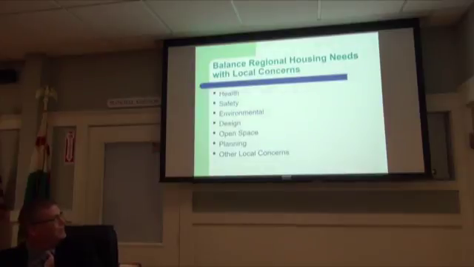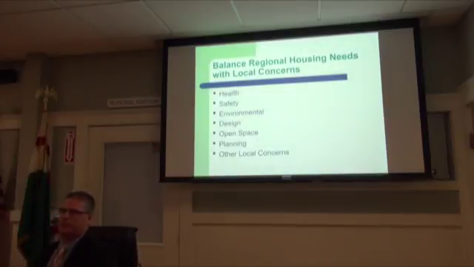Balancing regional housing needs with local concerns. So this gets down to the issue of the decision of the board at the end of the process. What exactly can the board rely upon with regard to its decision, whether it's imposing conditions or whether it's determining that it's going to deny the project?